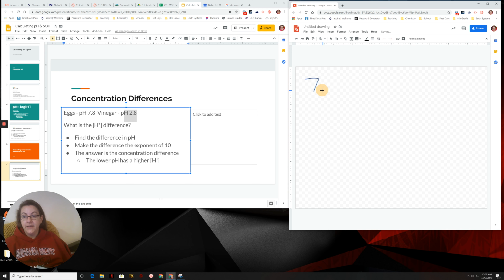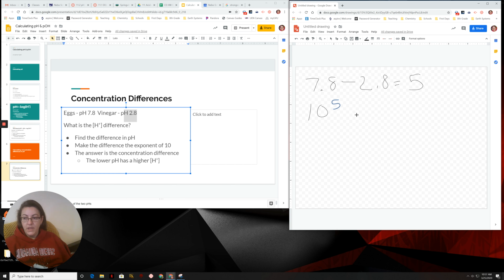So I've got 7.8 minus 2.8, which equals 5. So that is my difference. Now I can make that difference an exponent of 10. So I now have 10 to the 5th power.